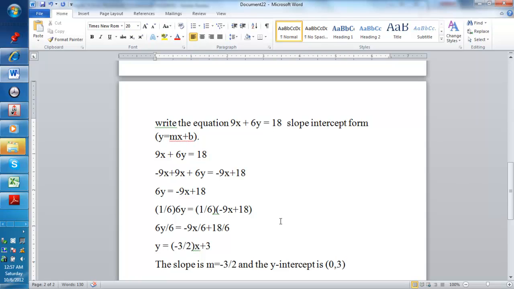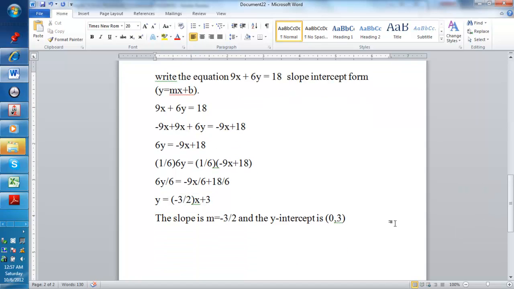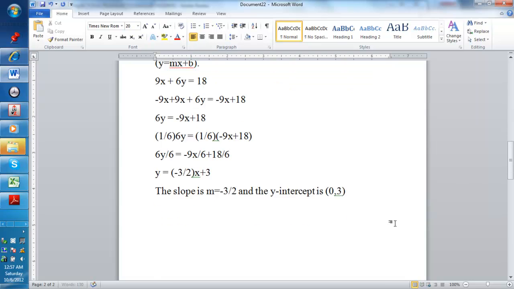When the equation is written in slope-intercept form, we can identify the slope. The slope is the number in front of the x, and the constant 3 is the y-coordinate of the y-intercept, which we found earlier. After doing all this, what we want to do now is take this information and graph the equation.